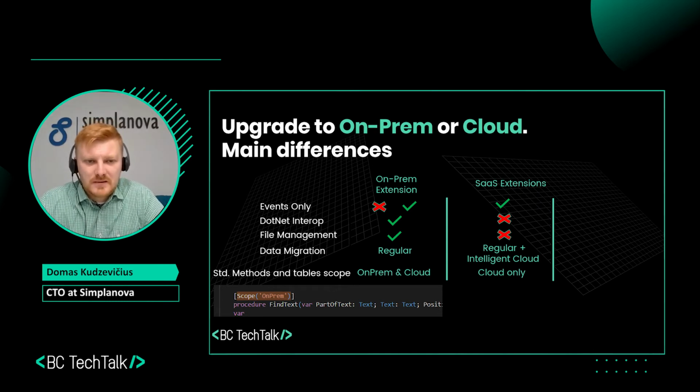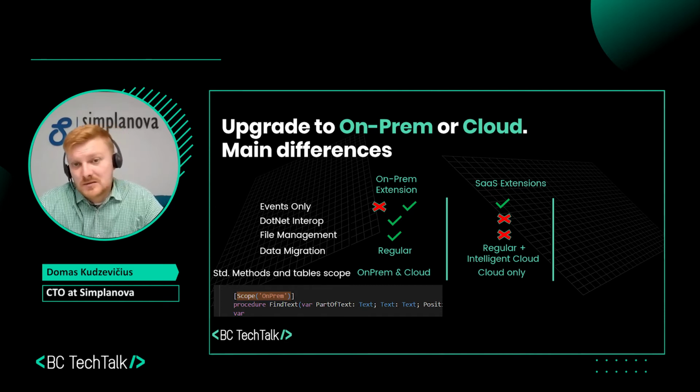And now the last bit is related more to the code: the standard methods and the table scopes. On-prem, if you're upgrading to the on-prem extension, you're able to use all the global functions and procedures which are in Business Central.